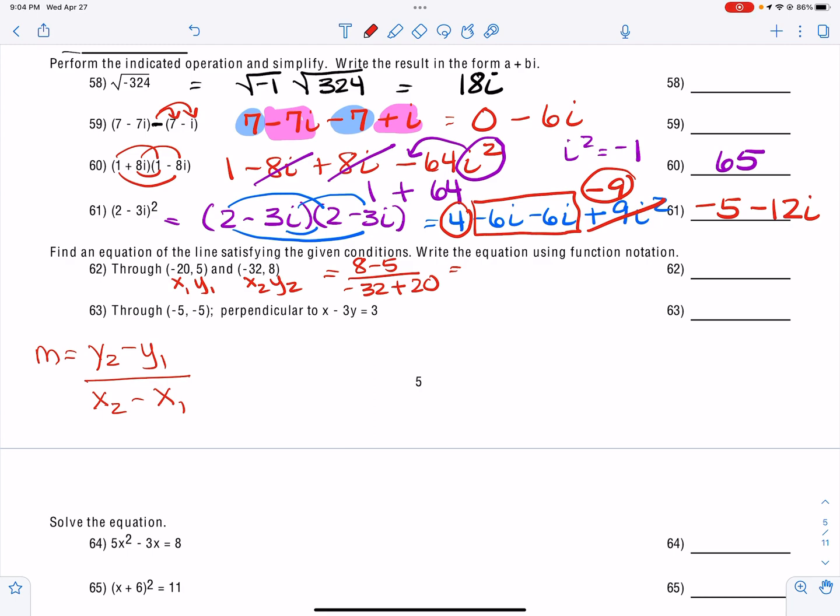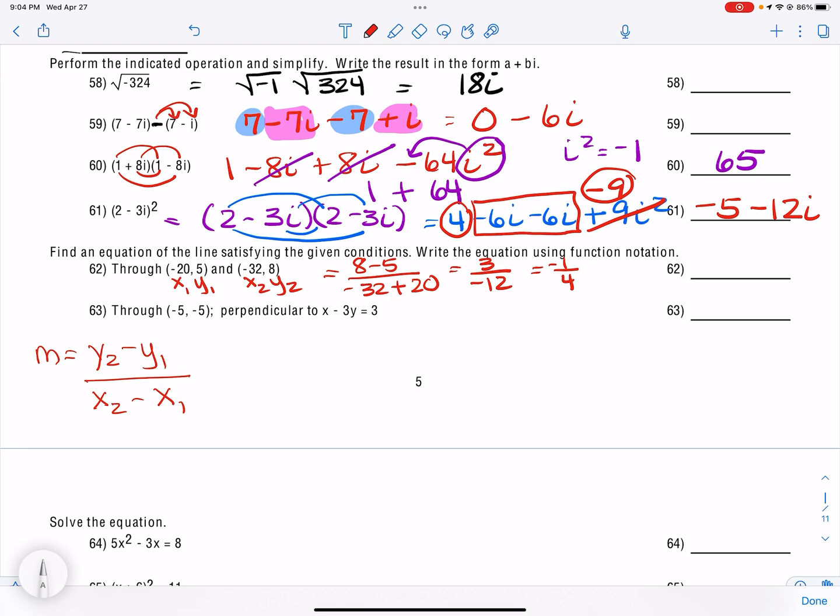So I get 8 minus 5, that's 3, and -32 plus 20 is -12, which simplifies to -1/4.